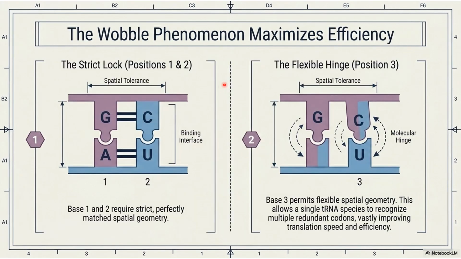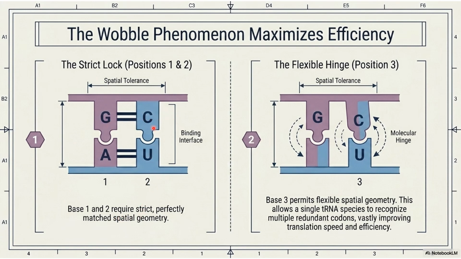So we have seen about redundancy or degeneracy in the previous slide. That is, the last nitrogenous base can be changed, which results in the forming of multiple codons coding for a single amino acid. So how is it happening? It is explained by the wobble phenomenon. A codon is made up of three nitrogenous bases, 1, 2 and 3, and the first two nitrogenous bases bind strictly.